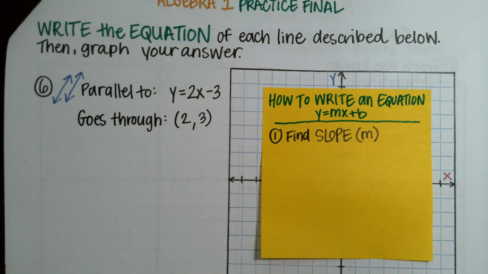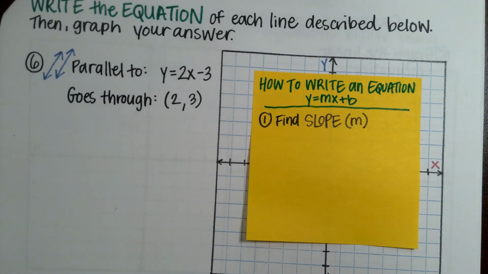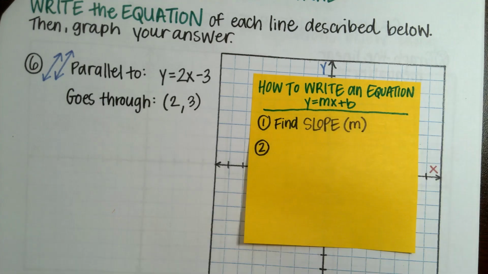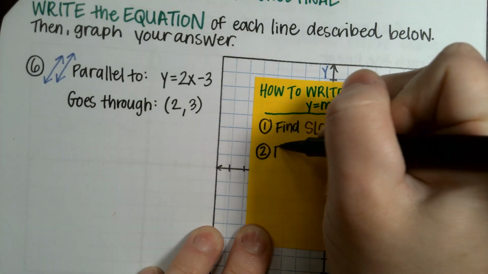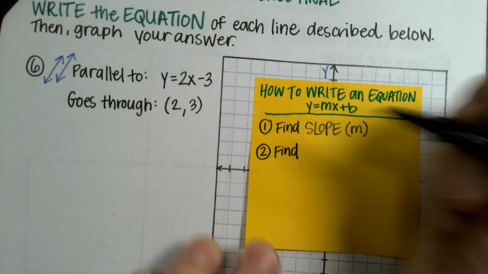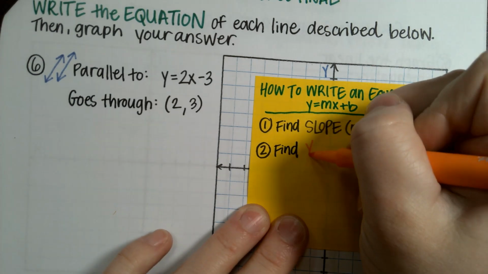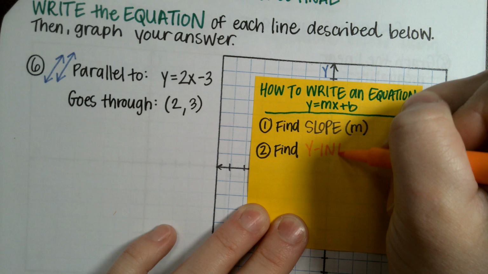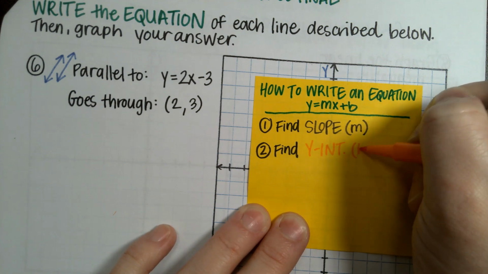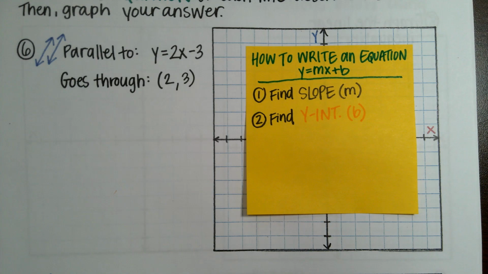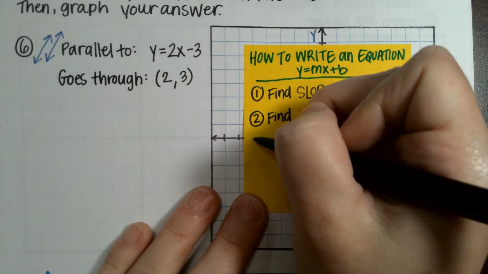So we find m, and then second we find our y-intercept, or our b. Yeah, and you said it yourself, Star, and you just use those and put them in your equation.